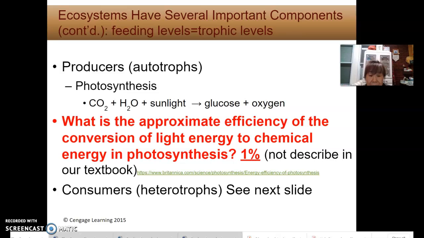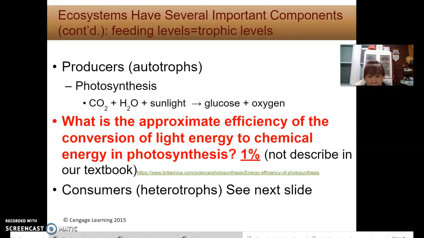The efficiency is only 1%, meaning only 1% of the solar energy reaching plants is used to convert energy into glucose. Okay. And then consumers are called heterotrophs.